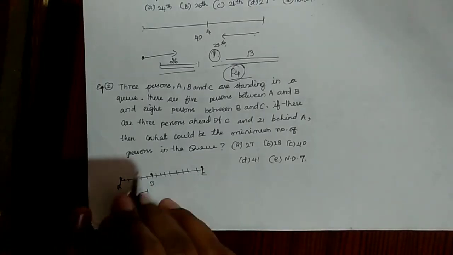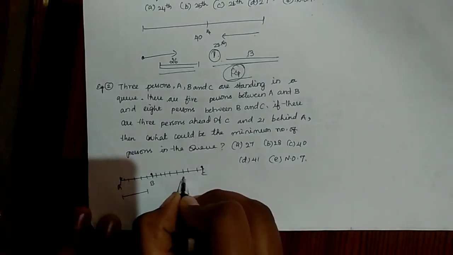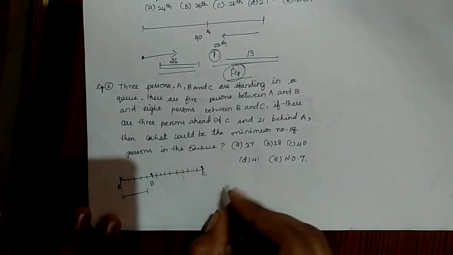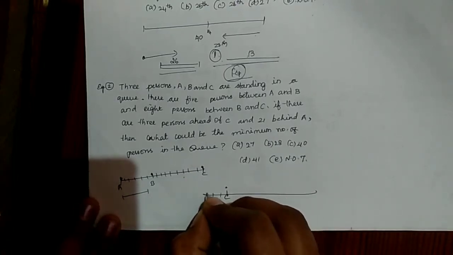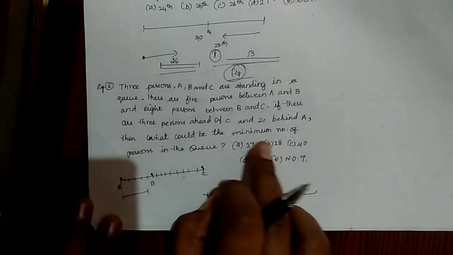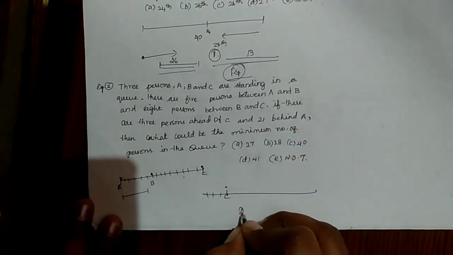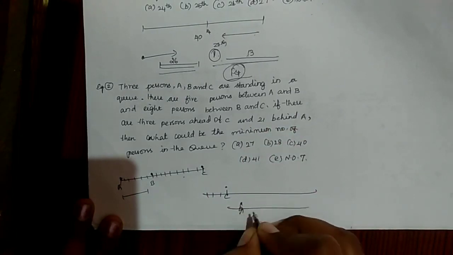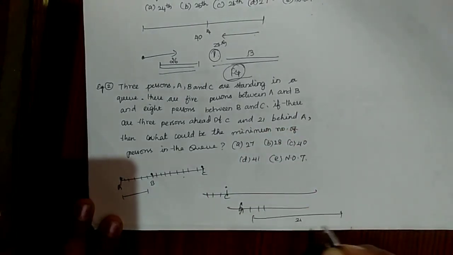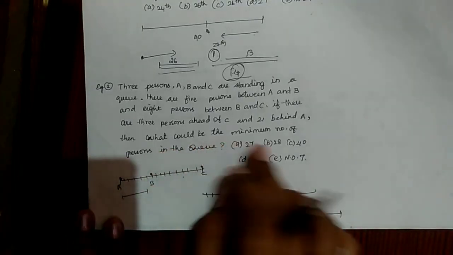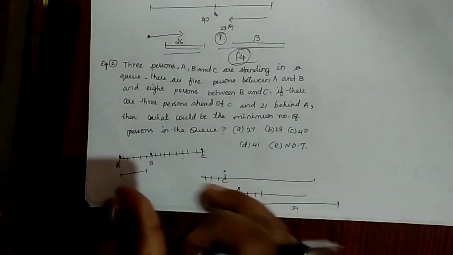If there are 3 persons ahead of C, that is, before C in the queue there are 3 persons, and 21 persons behind A, what would be the minimum number of persons in the queue?